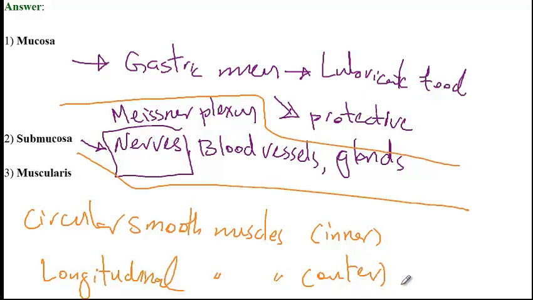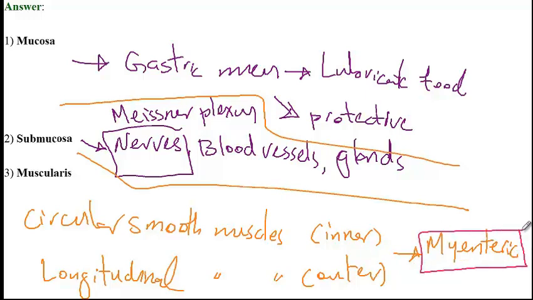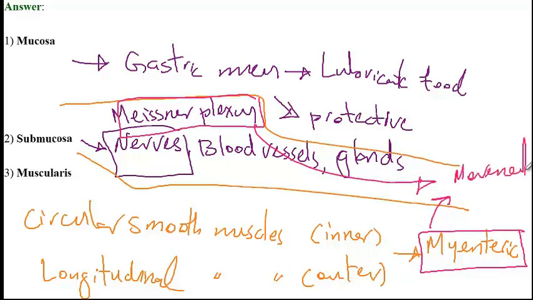This muscular layer contains a nerve plexus known as the myenteric plexus. A combination of activity of the myenteric plexus and Meissner plexus controls movements and secretions within the digestive tract.